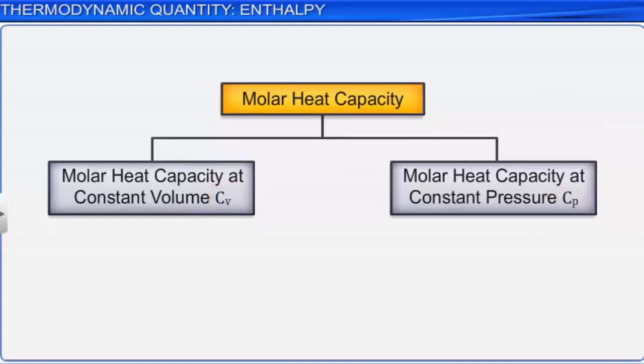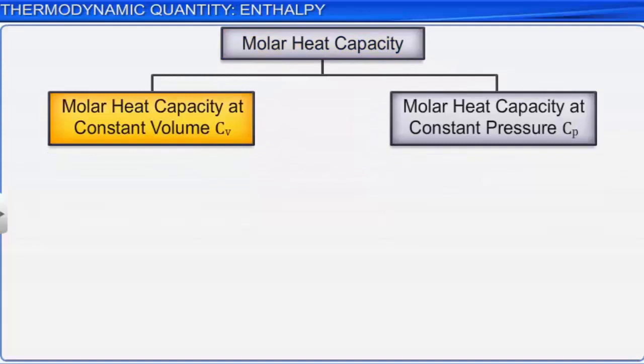We learned that the equation for heat, Q, is the product of heat capacity and change in temperature, delta T. Therefore, at constant volume, heat Qv equals the product of heat capacity at constant volume, Cv, and change in temperature delta T. But the heat absorbed at constant volume is equal to change in internal energy.